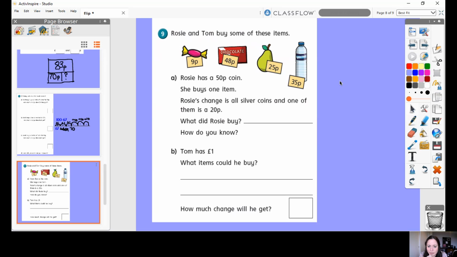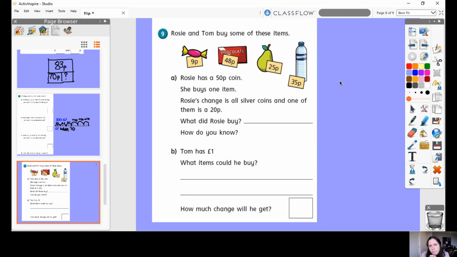Okay, for this one, you're going to have to think about which coins are silver. We know a 5p is silver, a 10p is silver, a 20p is silver, and a 50p is silver. Now, it can't be a 50p because we know that Rosie has a 50p coin, and we know that she's getting change, and we know that the amount of change she's got is over 20p.